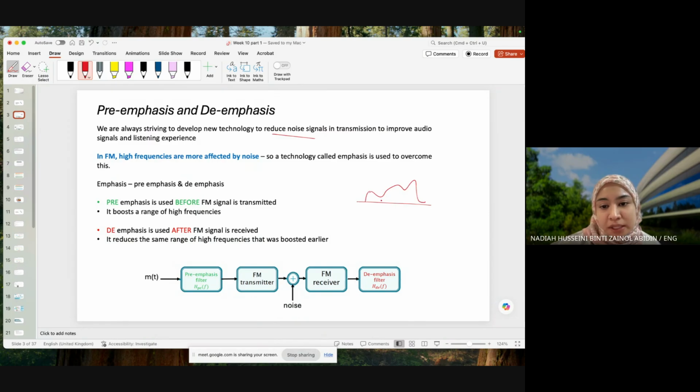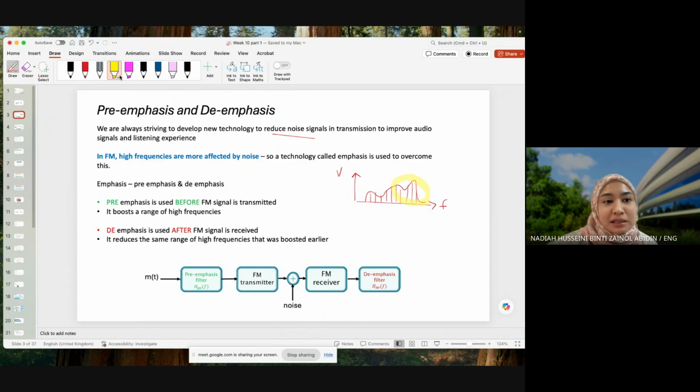This is the frequency domain, by the way, and this is voltage or amplitude, power, doesn't really matter. And these are the frequencies inside your message. Pre-emphasis will emphasize or amplify the higher frequency components, because these components are more affected by noise. That's just how noise is. It likes to distort the high frequencies because noise is also high frequency itself.